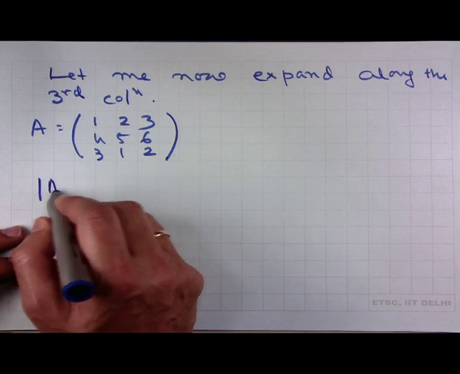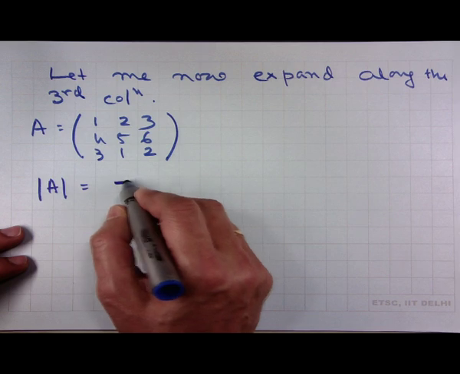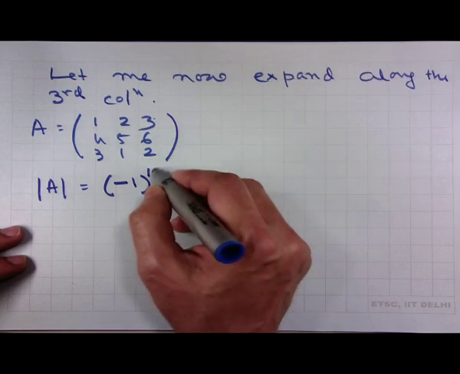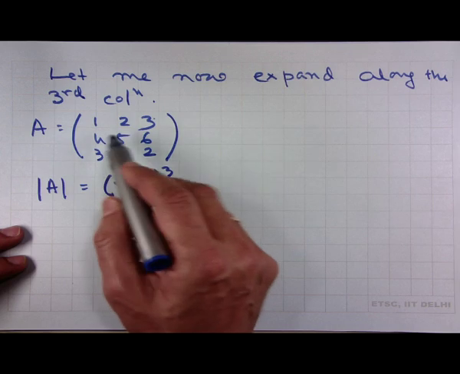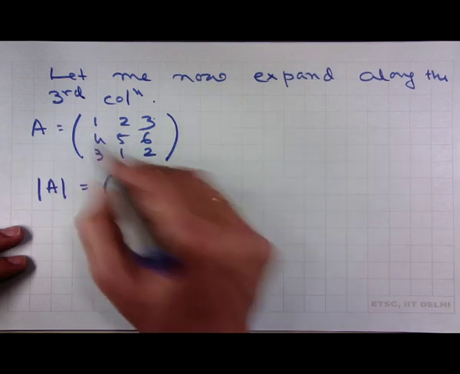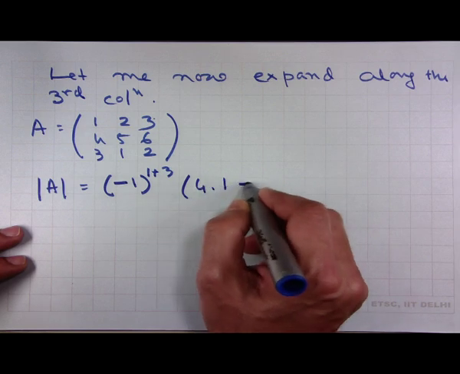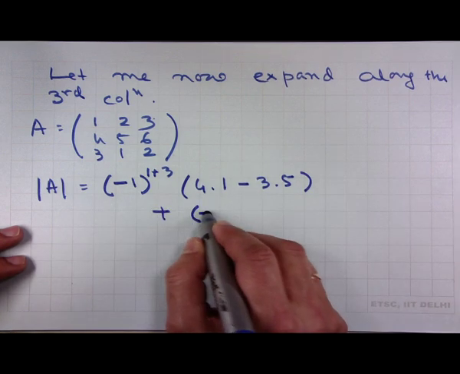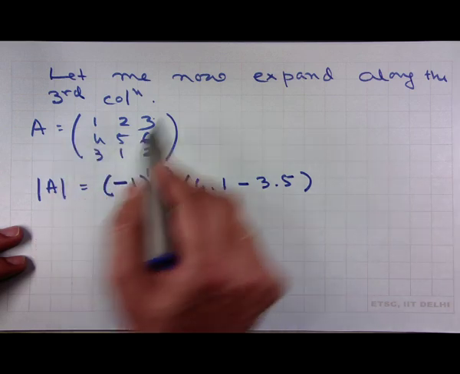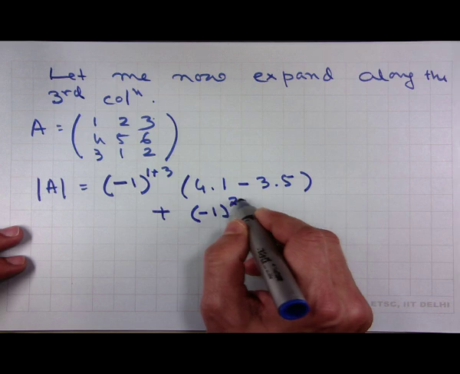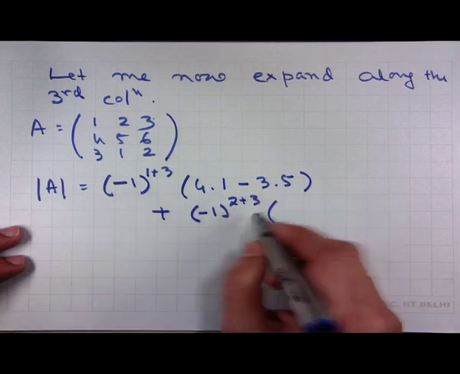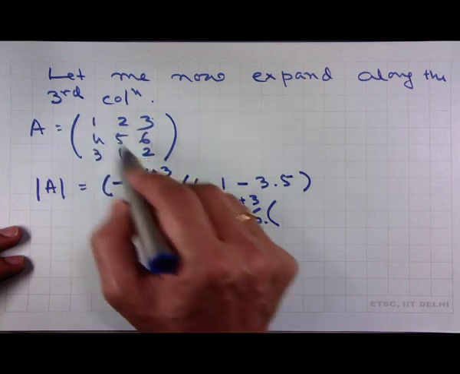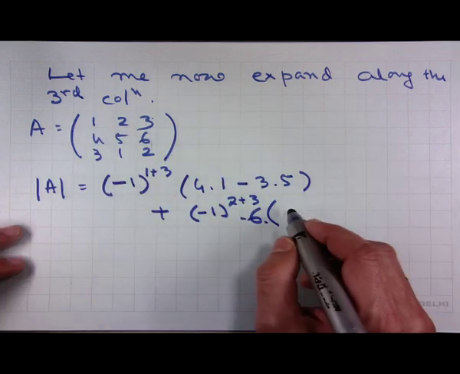Therefore, determinant of A is equal to minus 1 to the power, this is first row third column, 1 plus 3 into determinant of this sub matrix 4 into 1 minus 3 into 5, plus minus 1 to the power second row and third column, and the element is 6, and I am multiplying it by the determinant of this sub matrix 1, 2, 3, 1.